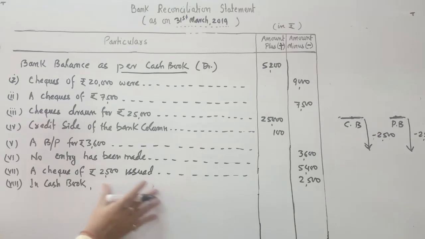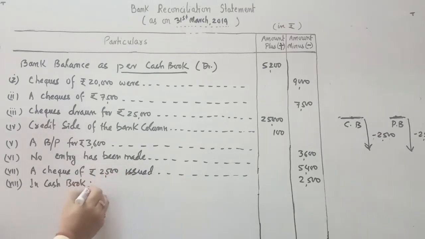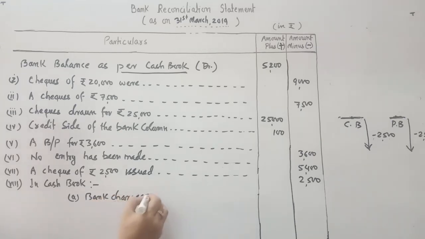This information I'll divide into 2. In the cash book, this will be point number 1, A. Bank charges of rupees 200. This is 1.